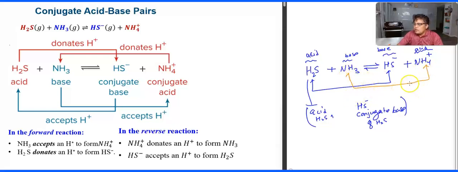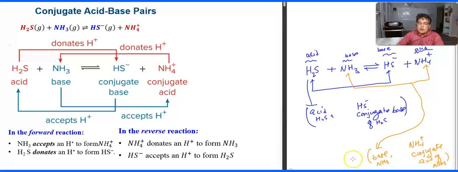This pair is base NH3 and NH4 plus, which is the conjugate acid of NH3. So these are said to be the conjugate acid-base pairs. This is acid, this is conjugate base, this is base and this is conjugate acid.